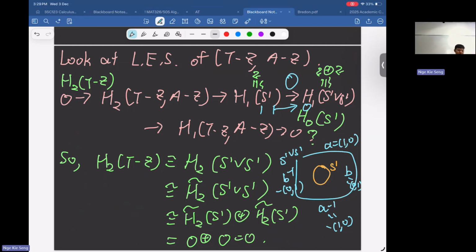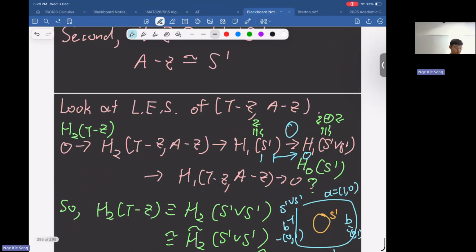Okay, so are we able to compute now? Since this is a 0 map, and this is exact, right? So this is isomorphic.